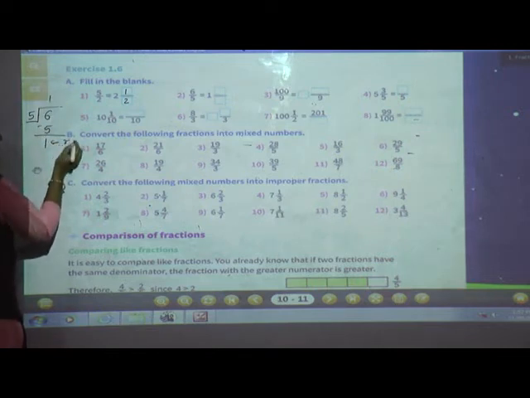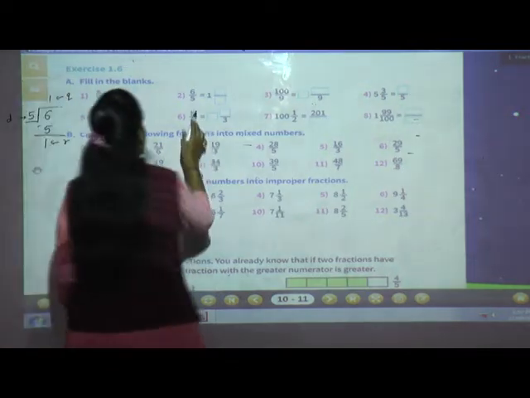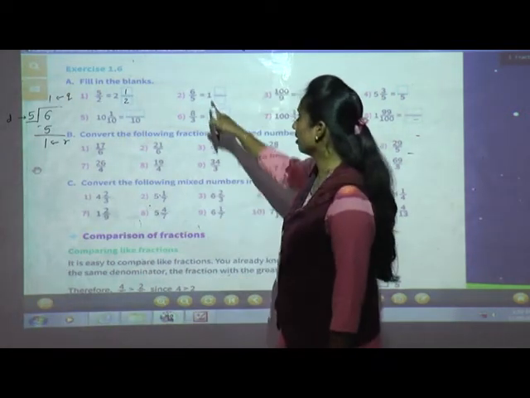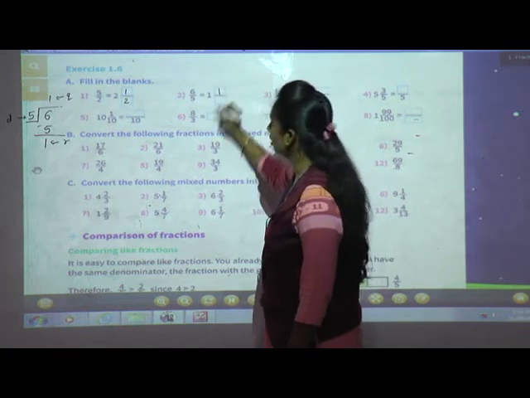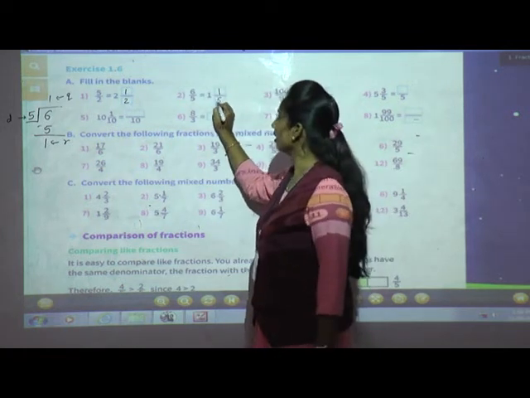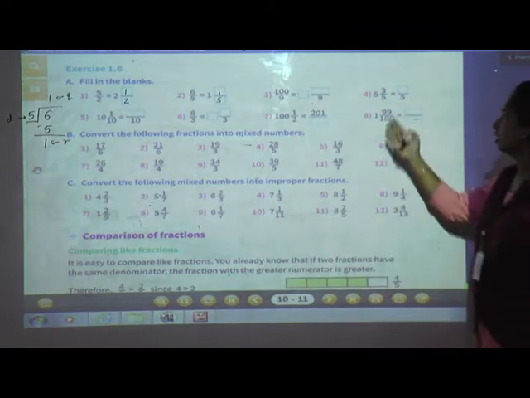This is the remainder, this is the quotient, and this is the denominator. So the whole number is 1, already they have given, meaning quotient, and the remainder will come here, and the denominator will remain as it is. Clear? Yes.